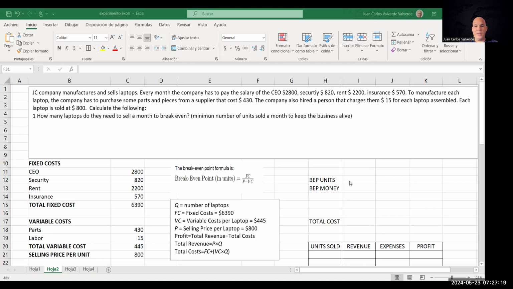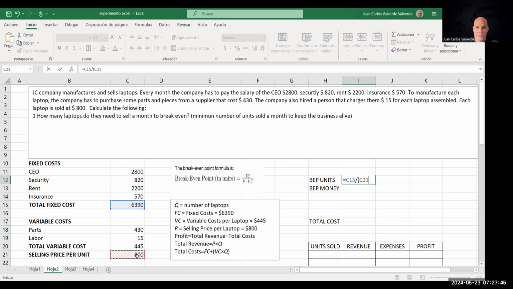Now let's calculate break-even units, which means the minimum number of units that we have to sell, not to lose money, but not to make a profit either, okay? So the formula says fixed cost, which I already have, divided by, let me open parentheses, P equals, as you can see here, selling price, which is $800, minus variable costs.